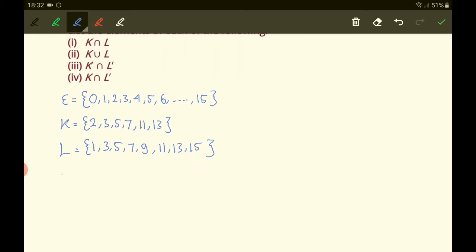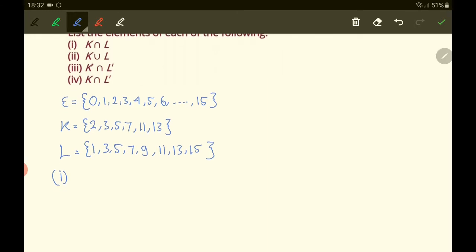The first question here is K intersect L. One more I want to remind you, intersect means the common elements between K and L. So we have to find the common elements between K and L. We can look here: there is 3 and 3, so that's common.